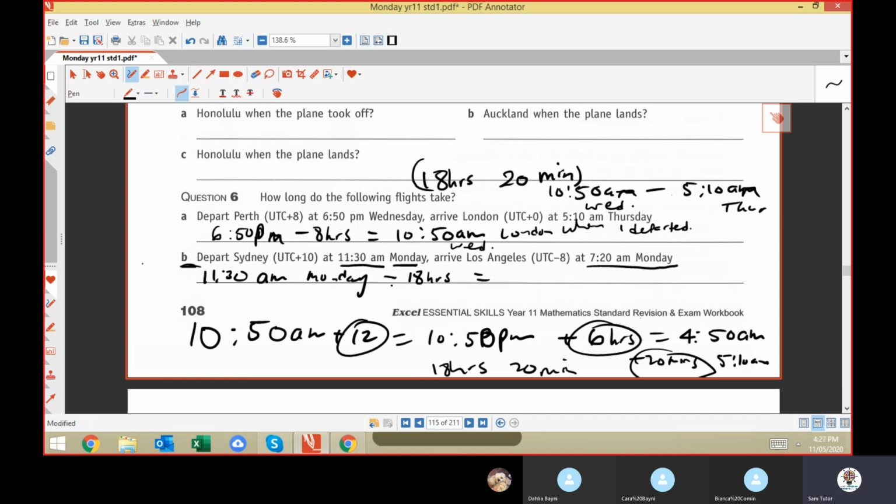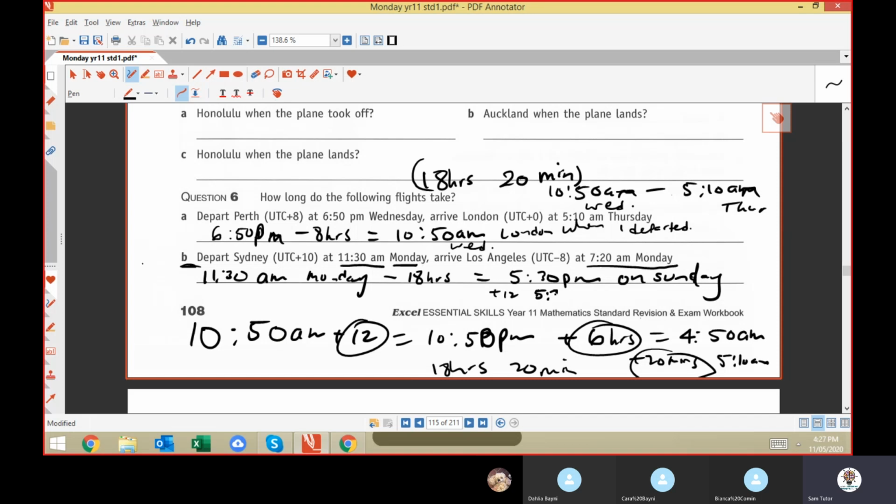Well, if you took away 12 hours, that would get you 11:30 p.m. Take away another 6, and that's 5:30 p.m. on Sunday. That's what time you would have left Sydney in LA time. Right now it's 7:20 a.m. Monday. Well, just do the same thing we just did. First add 12.